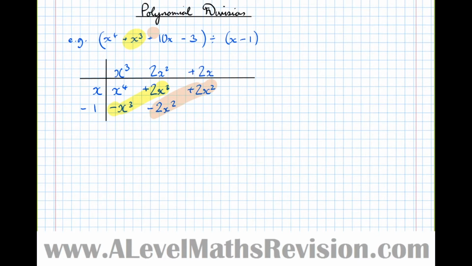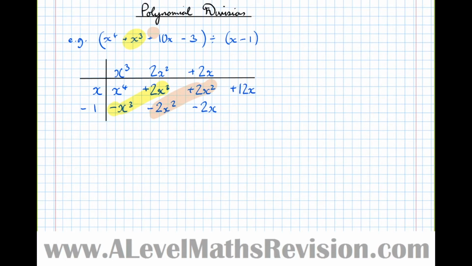And that allows us to fill this bit in. X times 2x gives 2x squared. Filling this bit in here becomes minus 2x, because 2x times minus 1 is minus 2x. And here we've got minus 2x plus 10x. To get to plus 10x, we add 12x like that.